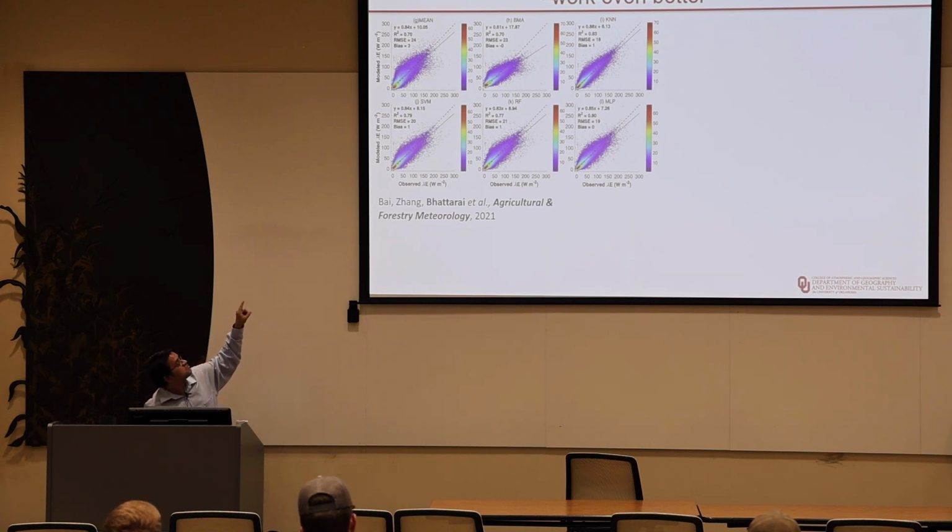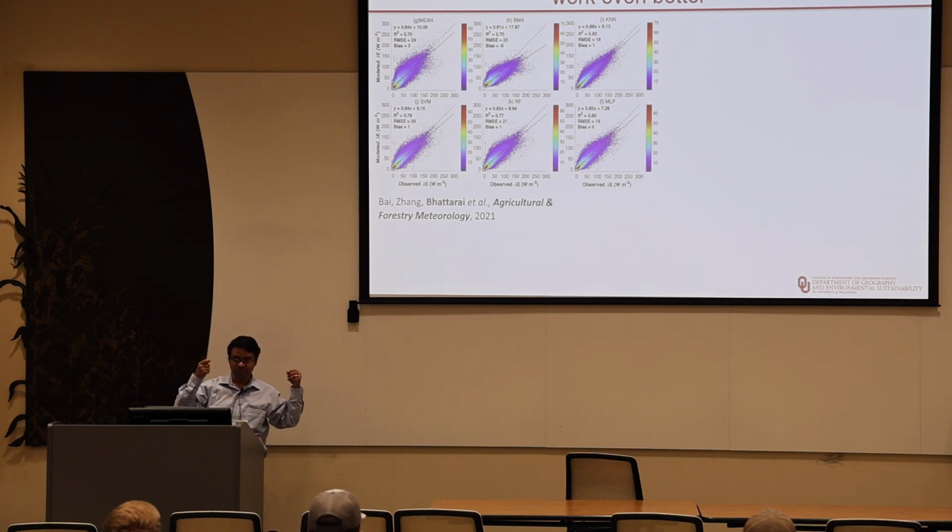So if you look at the right there, the first one is the mean, the mean of all models, right? The root mean square error is 24 watts per meter square, for the latent heat flux.